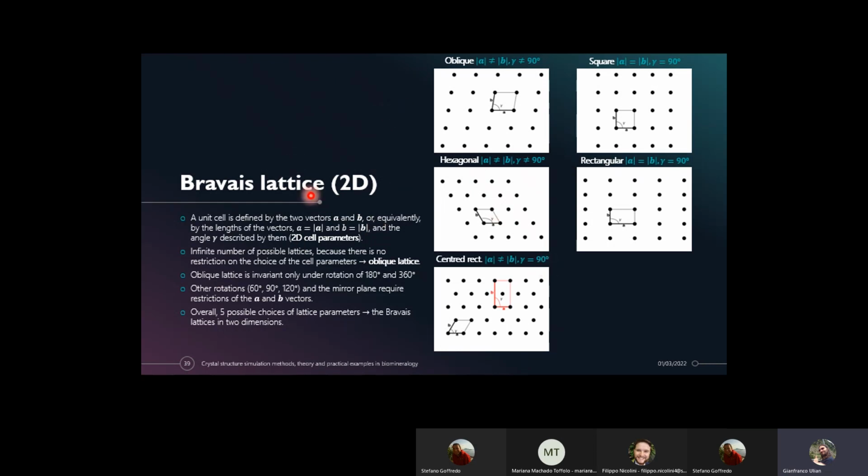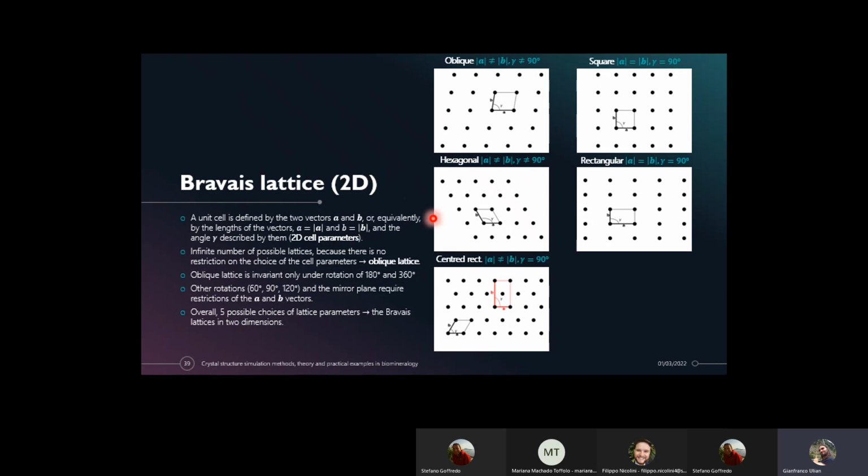Given a certain repetition of nodes in bidimensional space, we can choose whatever we like to describe a unit cell. We can take a big cell or a very small cell. The only important thing is that it can repeat our structure, our pattern, in 2 dimensions.